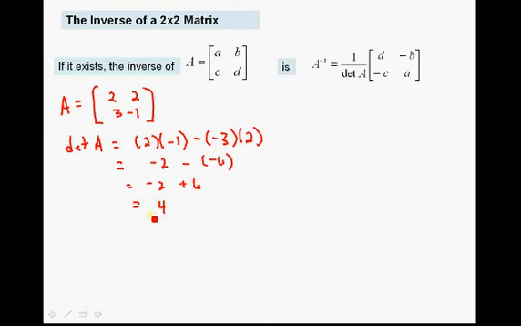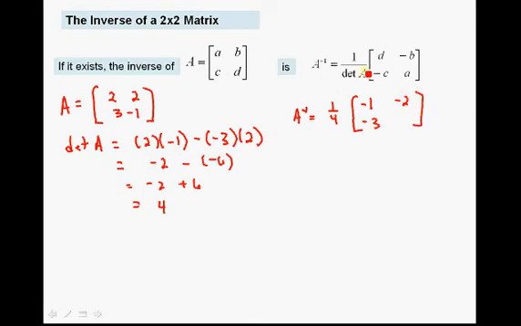So the determinant of A is 4, and so the inverse of A is equal to 1 over 4. And what's d? d is negative 1. What's negative b? Negative b is just negative 2. What is negative c? c is negative 3, so the opposite is 3.